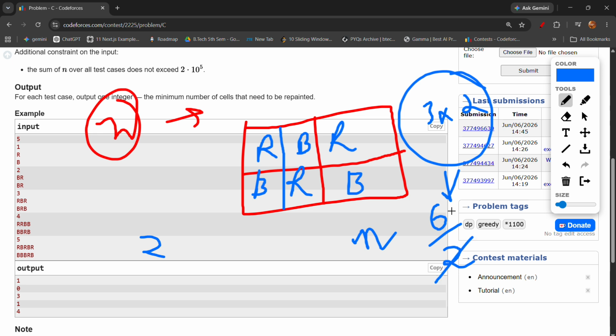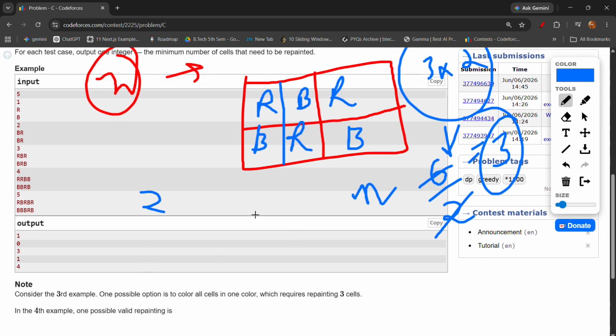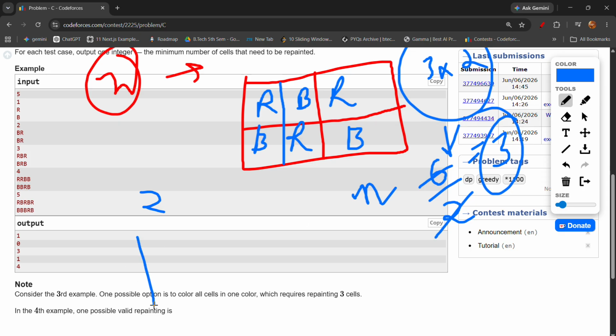If you divide it that way, that means every cell will be included in the final judgment. This is mathematically proven, but still let's see, because sometimes mathematics doesn't make much sense until we perform it practically.